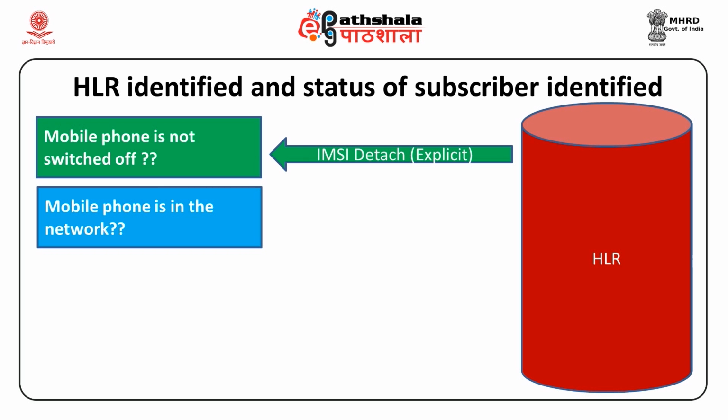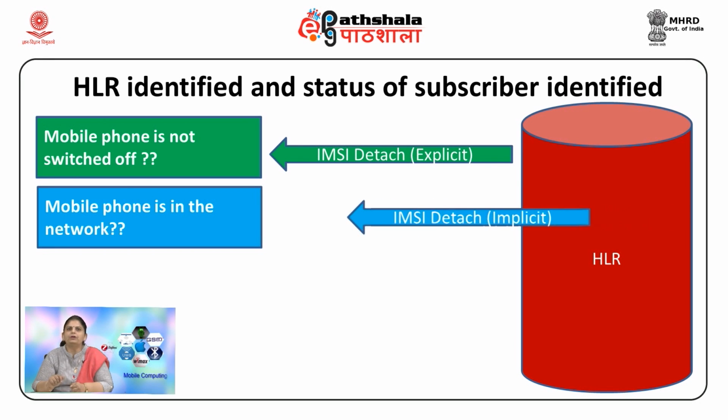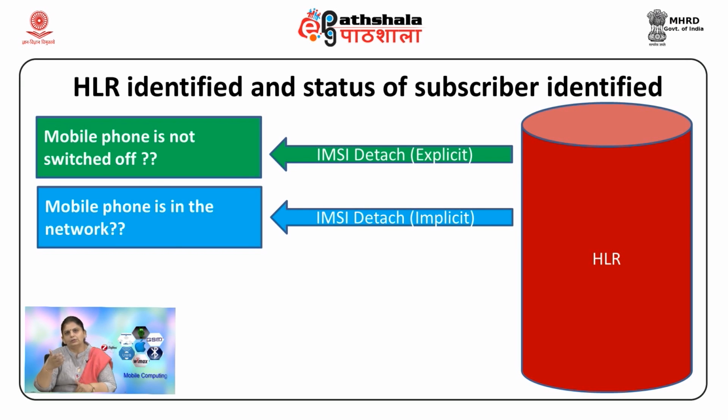And when the mobile phone goes out of coverage area, an implicit IMSI detach takes place in the HLR. So, looking at the IMSI detach, it can be known whether the mobile phone is switched off or is in the network area. Whenever the mobile phone is switched on again, the IMSI attach takes place to indicate that the mobile phone is connected to the GSM network.